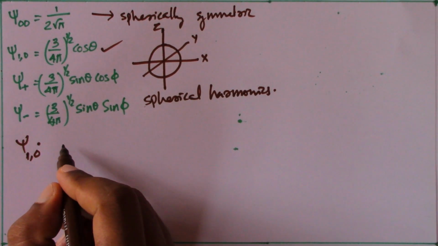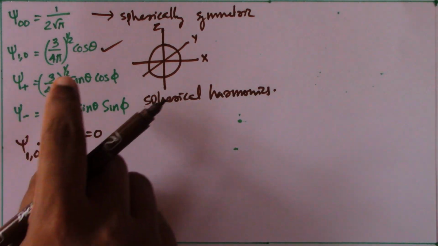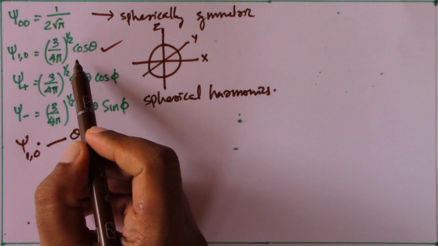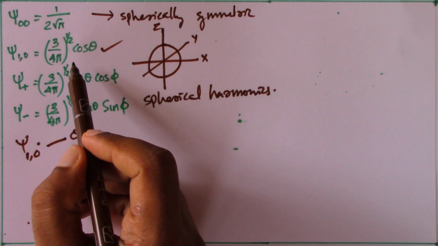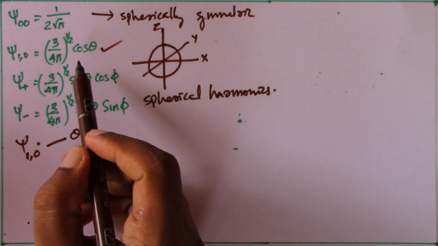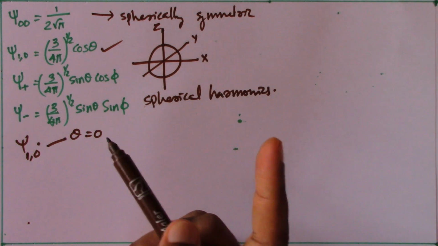So when theta is equal to 0, the function will get its maximum positive value, because cos theta's maximum value is plus 1, and cos theta gets the value 1 when theta is equal to 0, cos 0 is equal to 1.